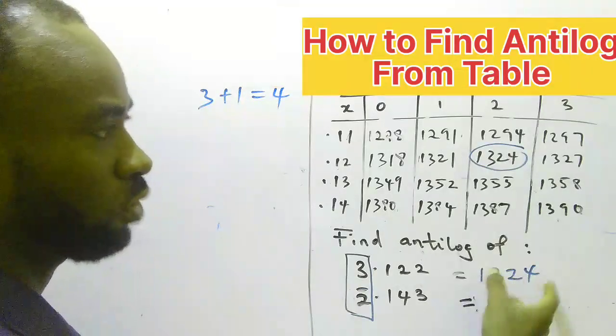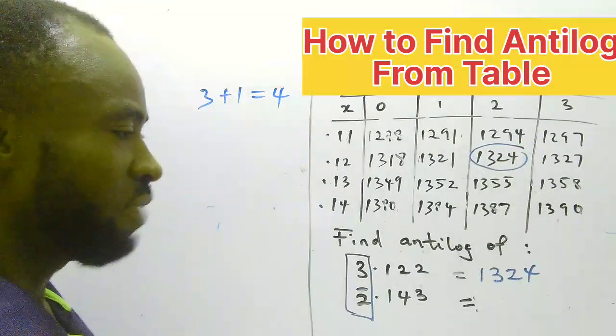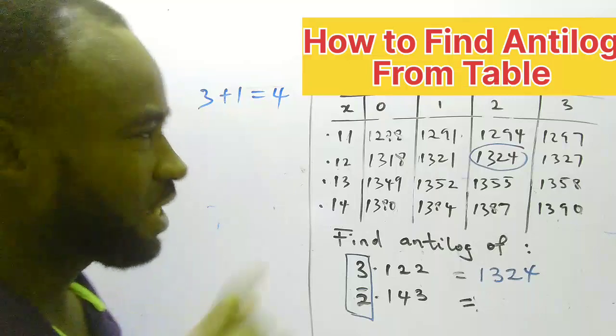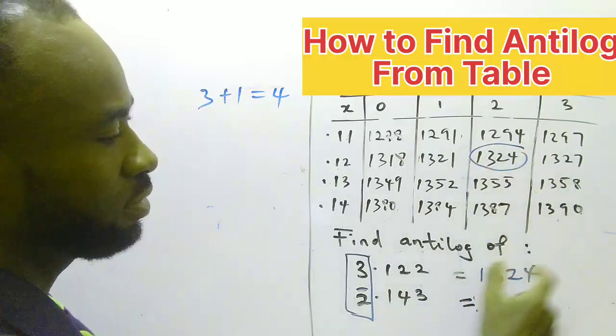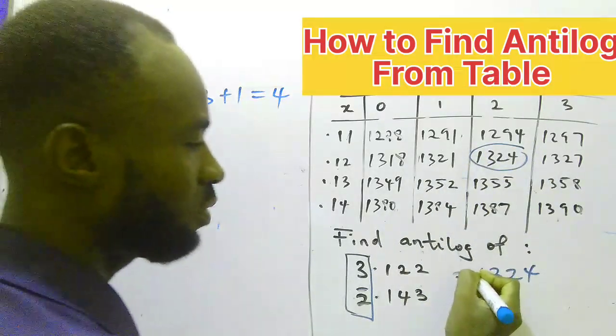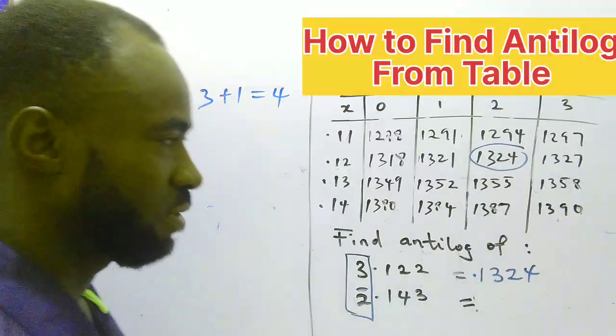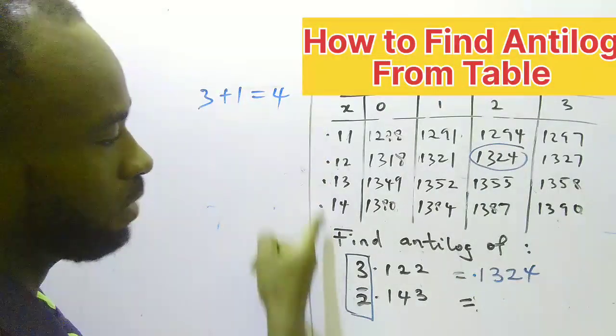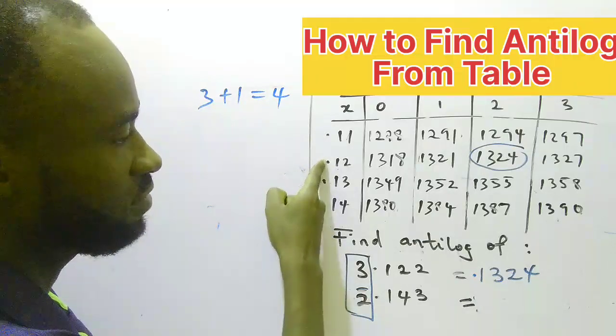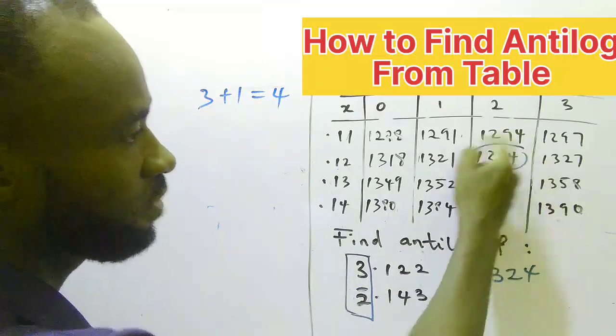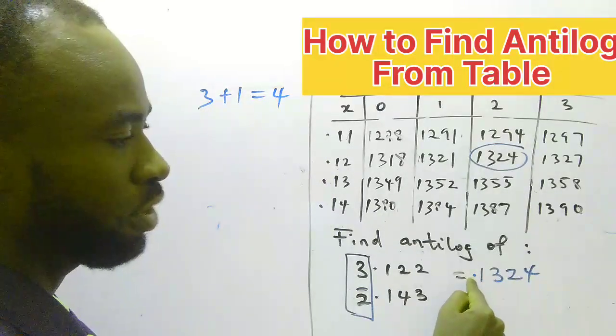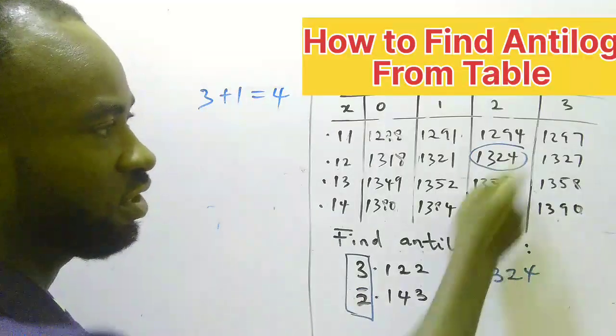Remember, this is what we got from the table. Note that any figure you get from the table, there is always a point in front of it, because you can see in our table there's a point in front of it. So the figure you've gotten here, the point is actually here, even though they did not put the point.